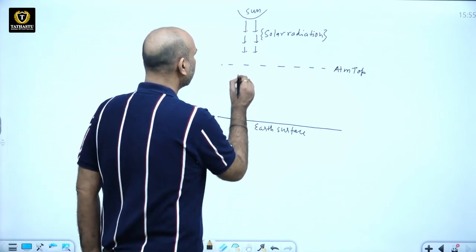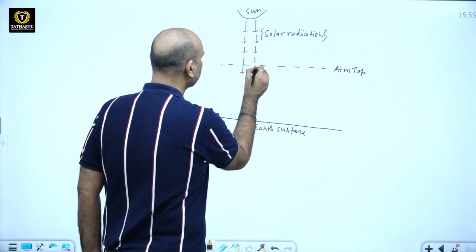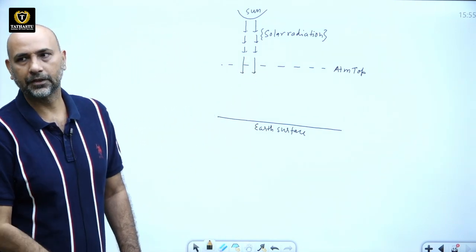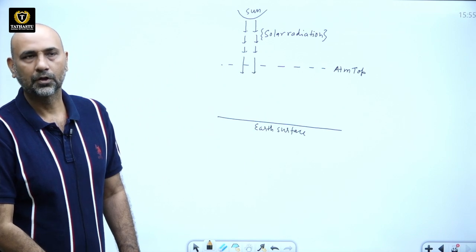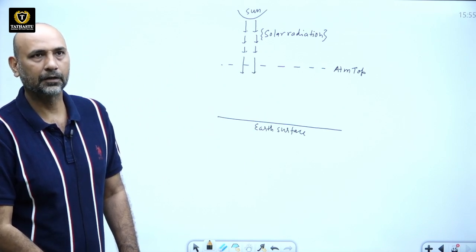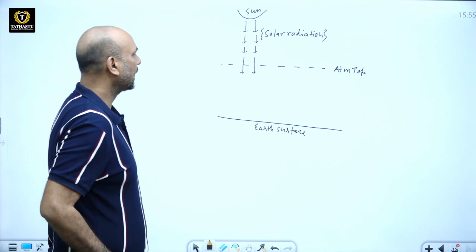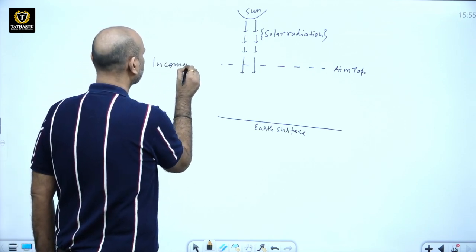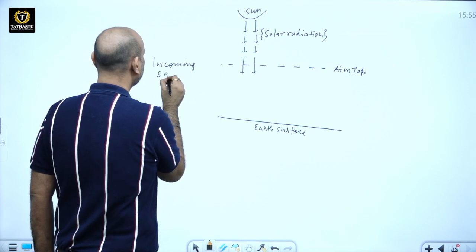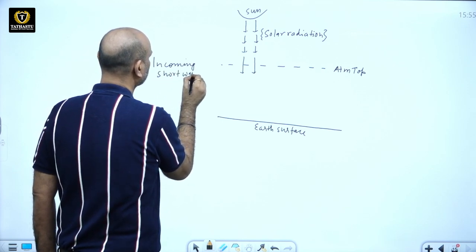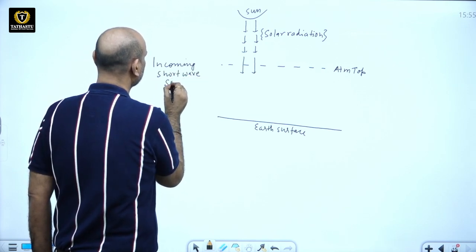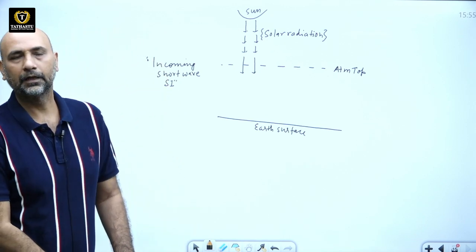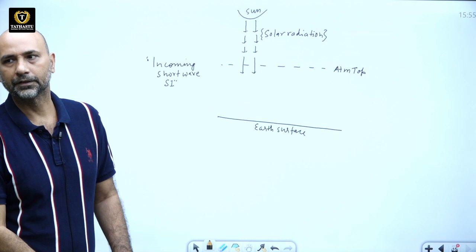Solar radiation penetrating through atmospheric top, or passing through atmospheric top towards earth, is described as incoming shortwave solar insolation.